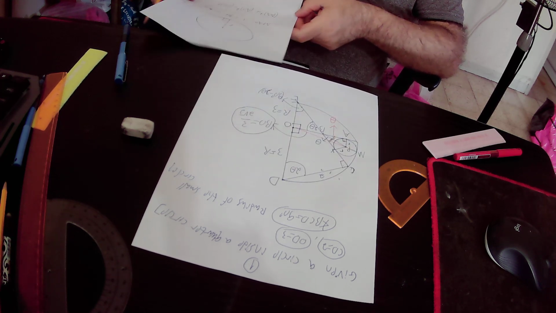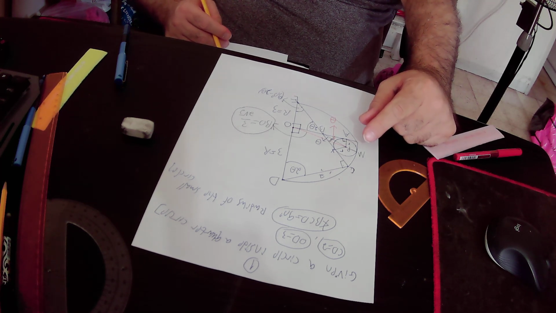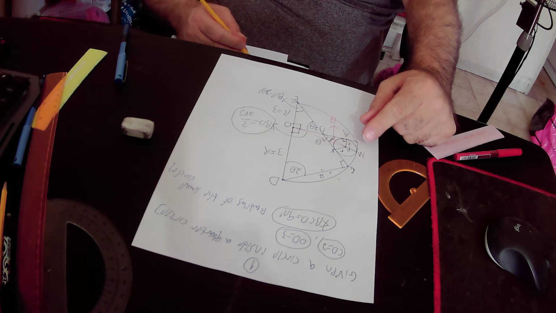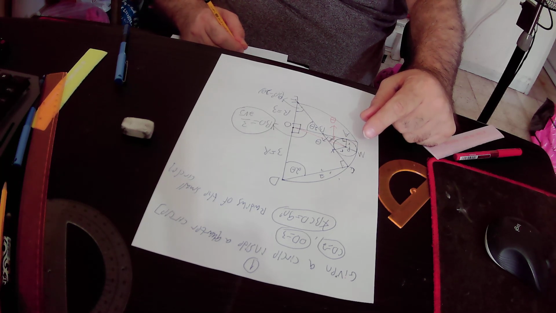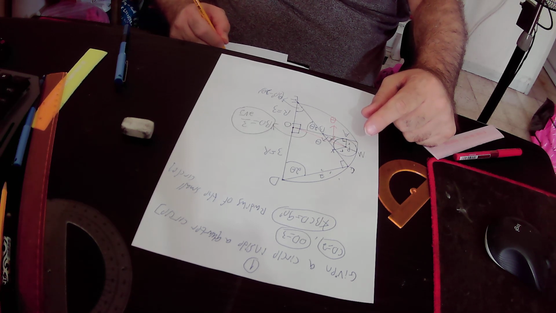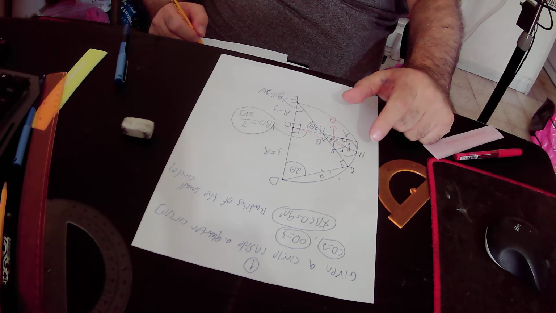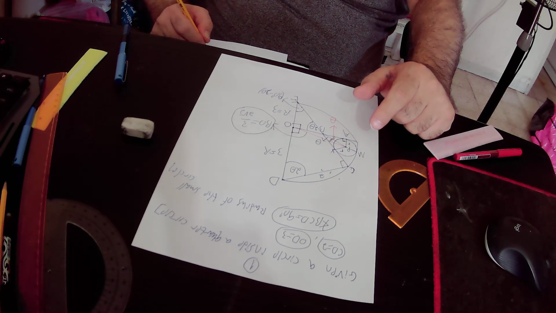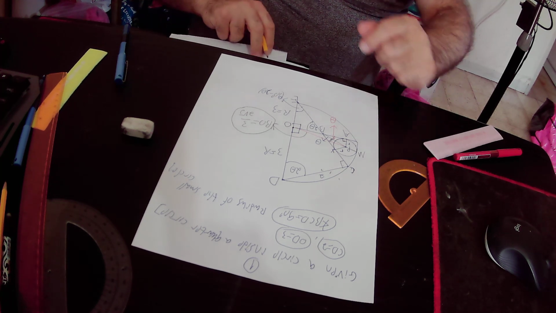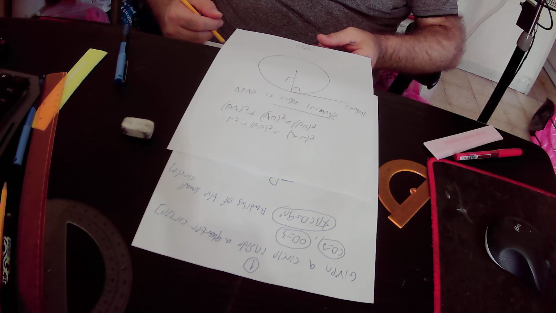But what is the value of PA? PA actually is the radius of the small circle, that is to say it equals small r, so PA square is r square, plus AO square equals PO square. We have already found out that PO equals 3 minus r. So PO square equals (3 minus r) square. So in total we got that r square plus AO square equals (3 minus r) square.